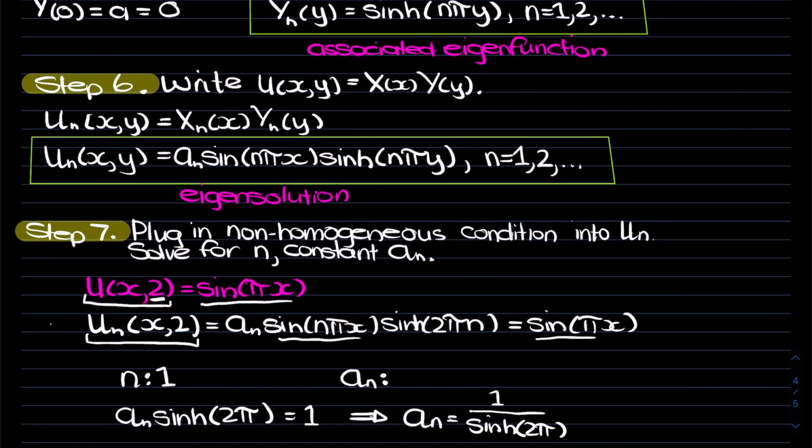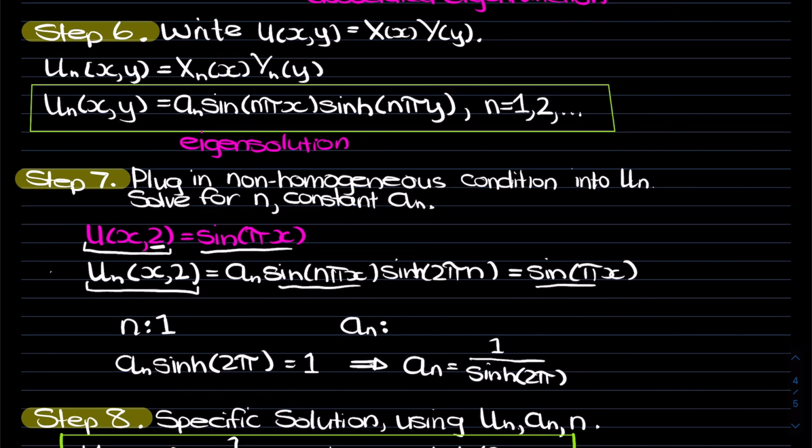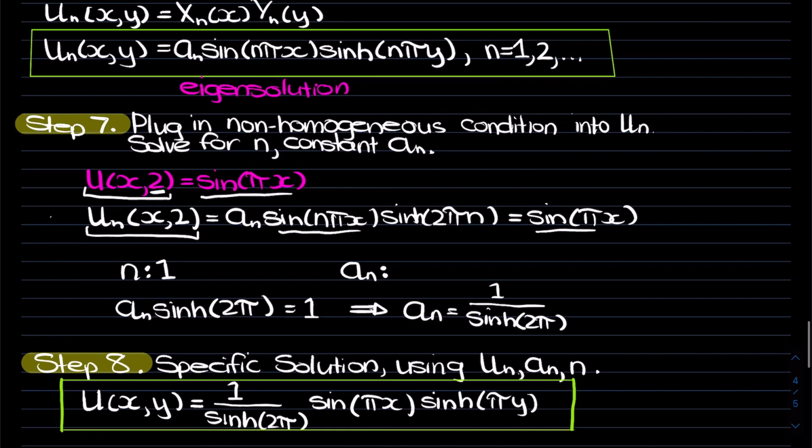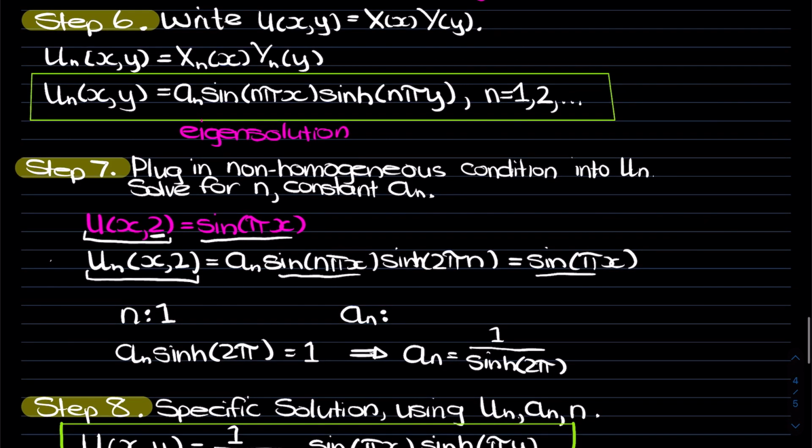Step 6 was to rewrite x of n times y of n, which was the very first thing we assumed, that the solution could be written as x times y. This u of n then takes into account 3 of the boundary conditions, but it doesn't yet take in the fourth non-homogeneous boundary condition.